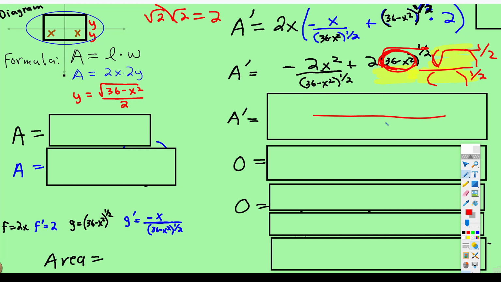This is now going to share the same denominator. We have a negative 2x squared plus, now this is just 2 times in parentheses 36 minus x squared, because the 1/2, remember when you multiply powers of the same base, you add the exponent, so that's just that to the 1st power, and now you can do the distributive, which is what I did.